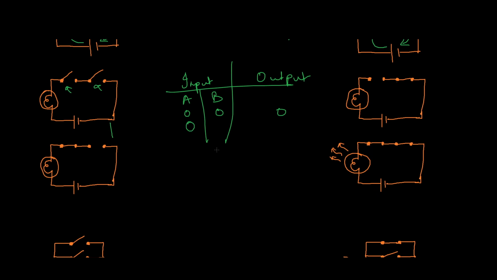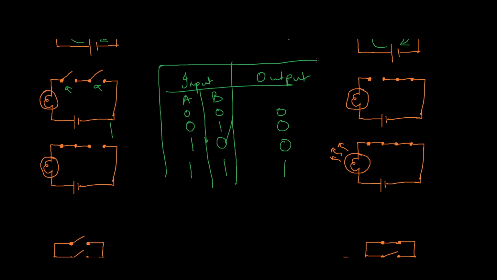When one of the switches is off and the other one is switched on, the circuit still isn't complete, so the output continues to be 0. If I try the other way around, where I switch on one and switch off the other one, the bulb still doesn't glow because the circuit is still incomplete. But if I switch both of them on, the bulb would now glow because this circuit is complete and the bulb can have current going through it. Again, this might seem familiar.